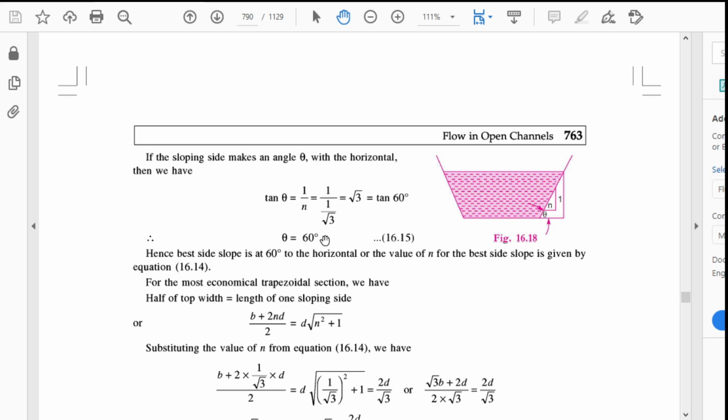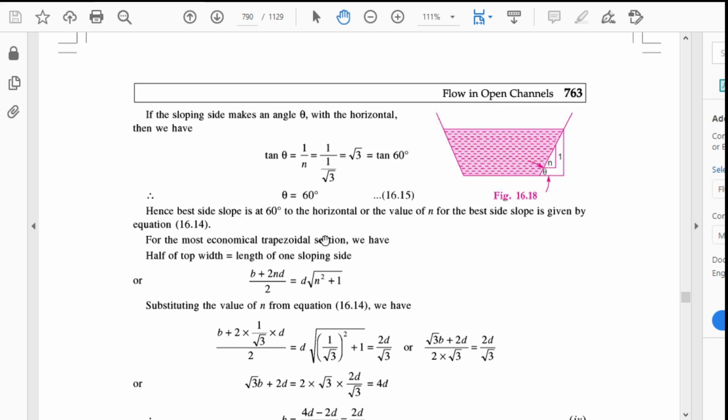Also we can say that the value of slope of that side should be 1 by root 3. That means n should be equal to 1 by root 3 and theta should be equal to 60 degrees. Now further we will move.